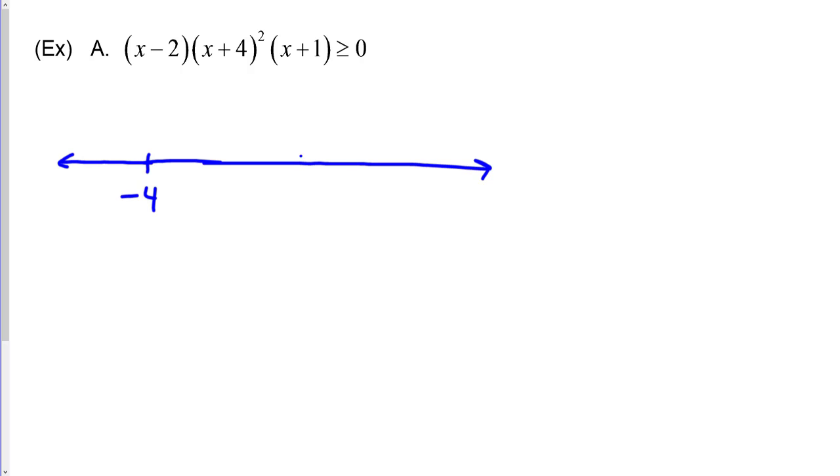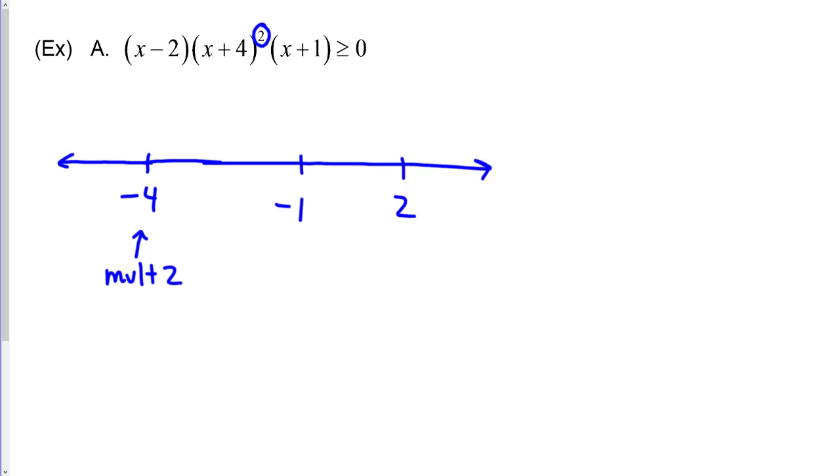So those are my zeros. But one thing you want to make sure you notice is that -4 is a zero of multiplicity 2. And I know that because of the square on that particular zero. So on both sides of that zero, I would always stay the same sign.